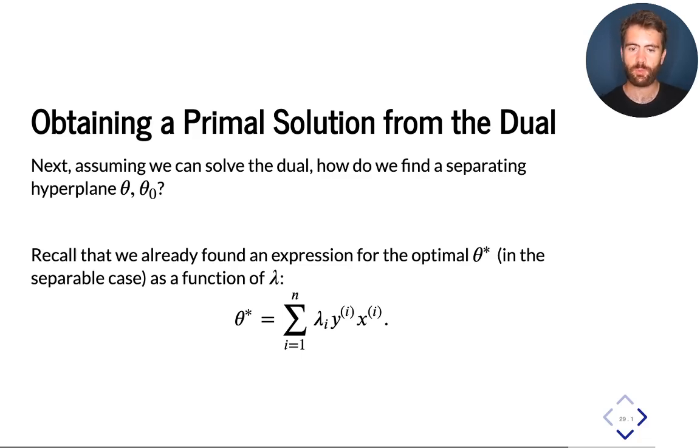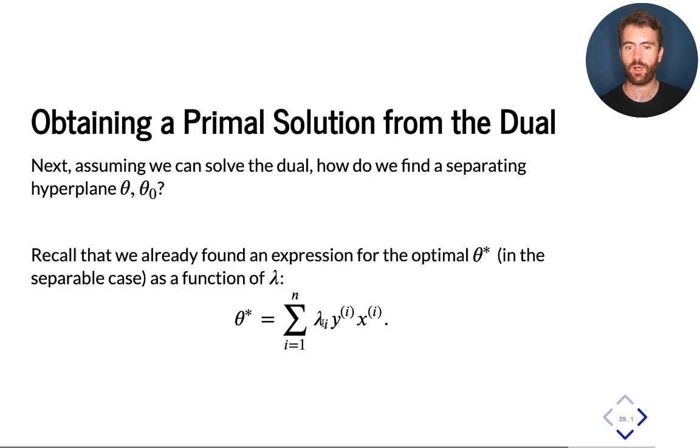If you remember, when I defined the dual, at least in the separable case, I derived the equations that we would get when we solve for theta as a function of lambda. When we were trying to minimize the Lagrangian over theta in closed form, we derived an expression for theta as a function of lambda.